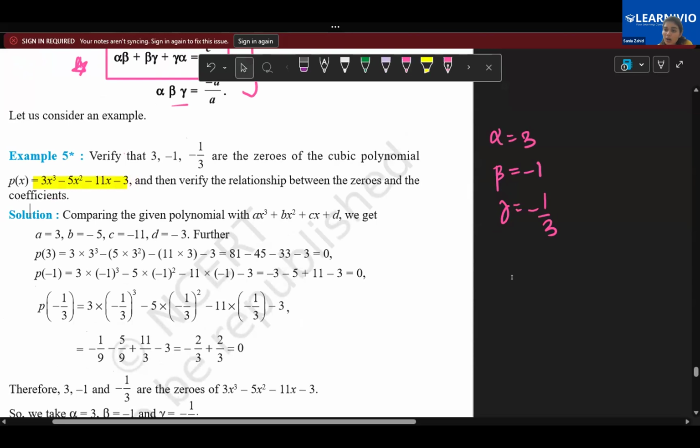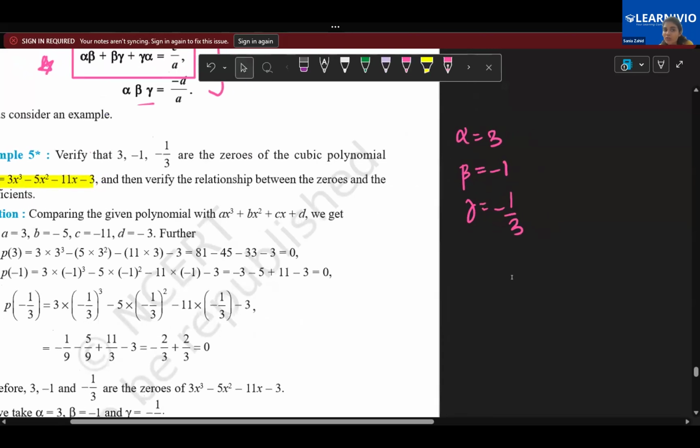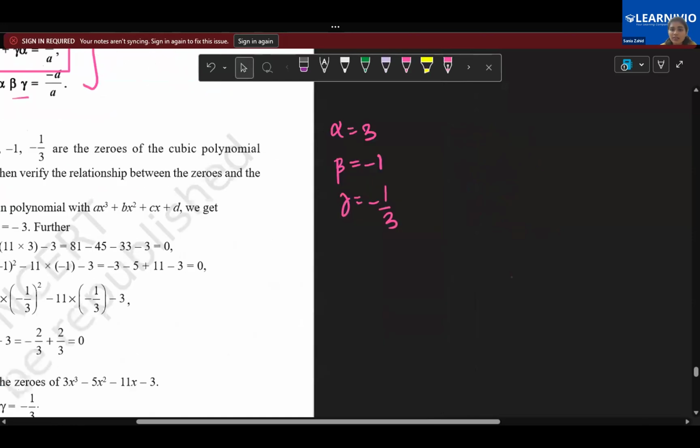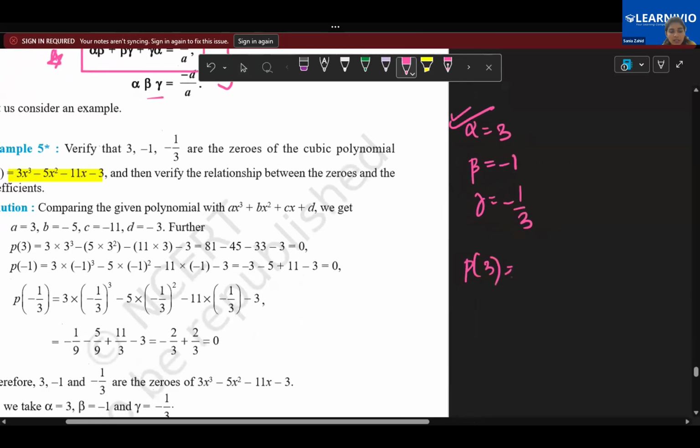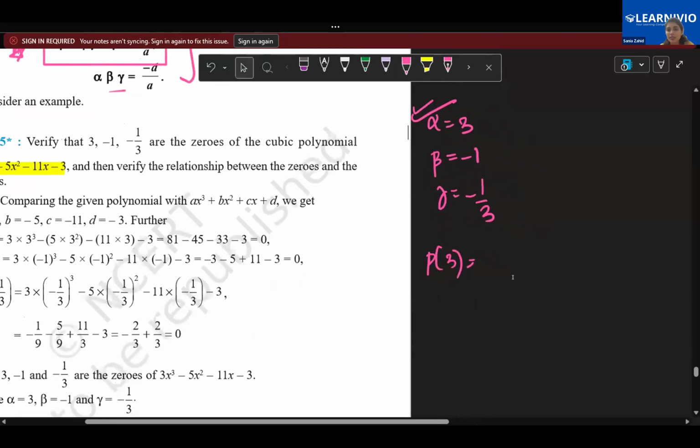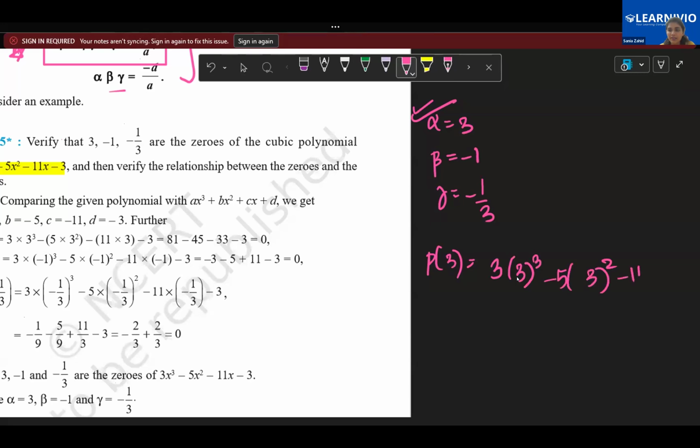Now you have to, one by one, verify whether these are zeros or not. So one by one, just put the values. First you put the value as P(3), just put x equals 3. So instead of 3x cube, children, you can write 3 cube minus 5, 3 square minus 11 into 3 minus 3.